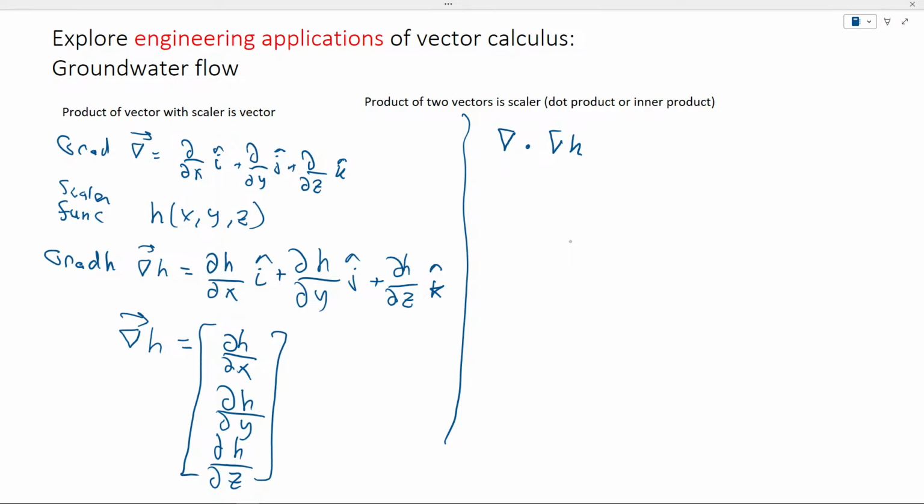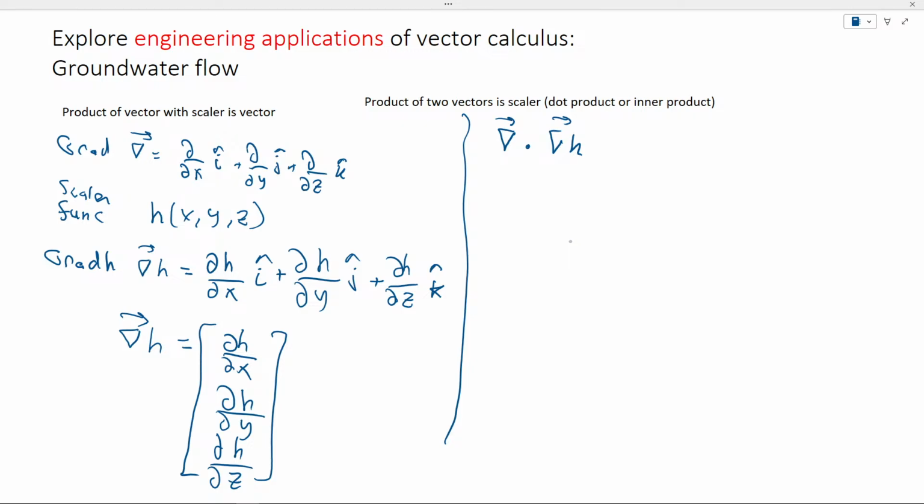This guy is a vector, and this guy is a vector. So this is the head gradient, and this is the divergence of the head gradient.